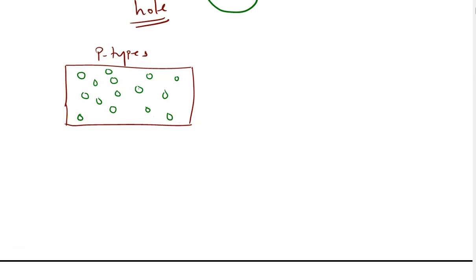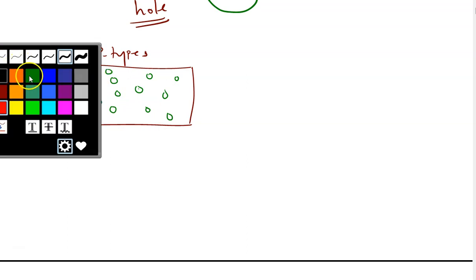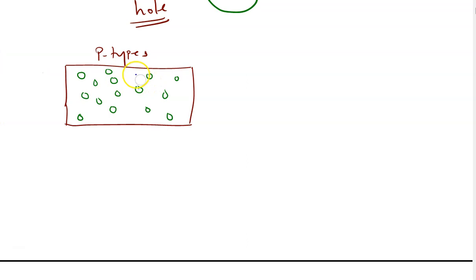I'm using circles as the holes, and we have few electrons, right? Let me use negative signs over here. So we have electrons in them, and we have holes in them too.